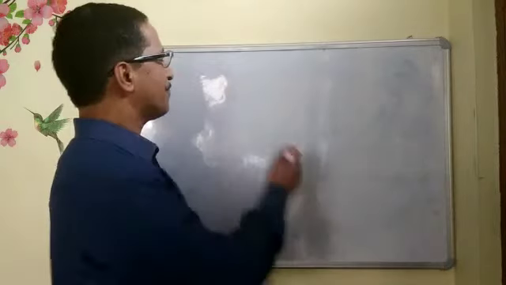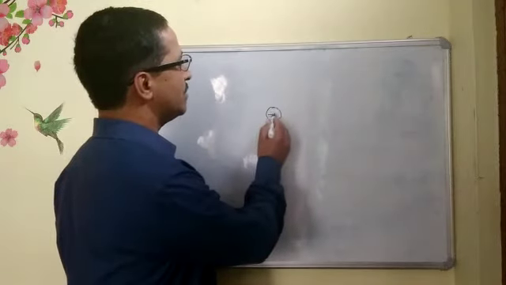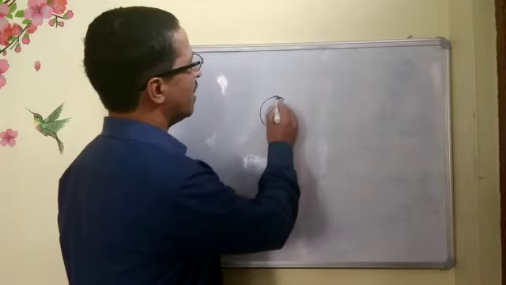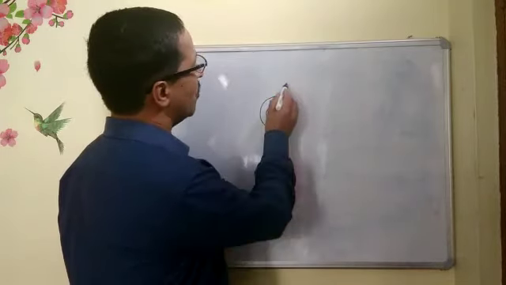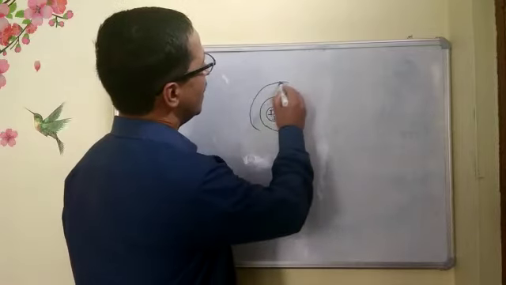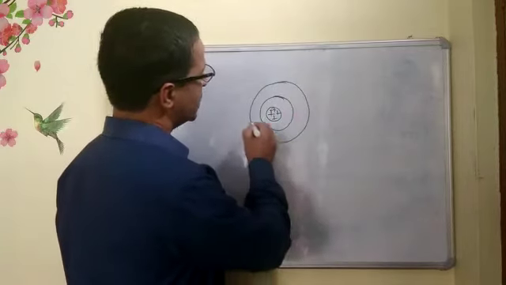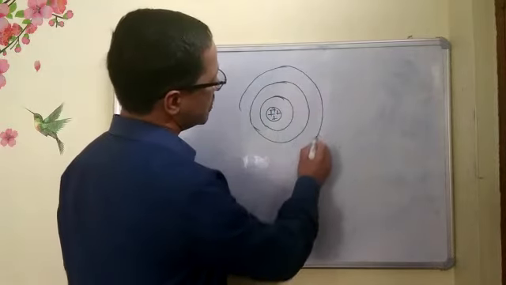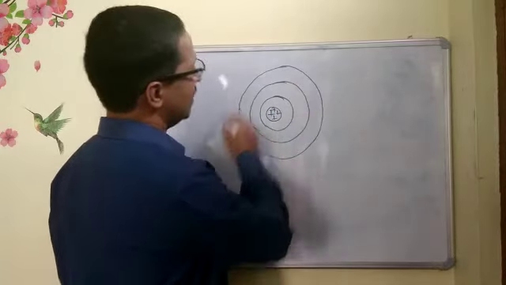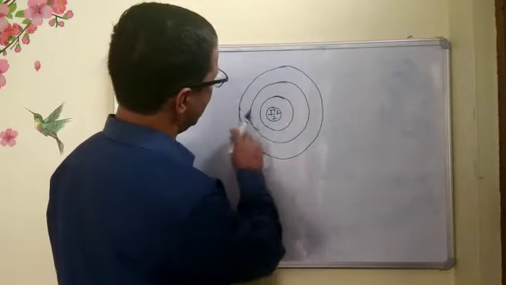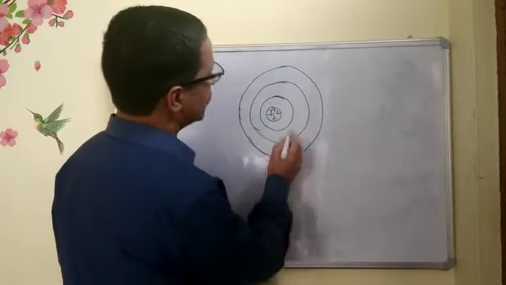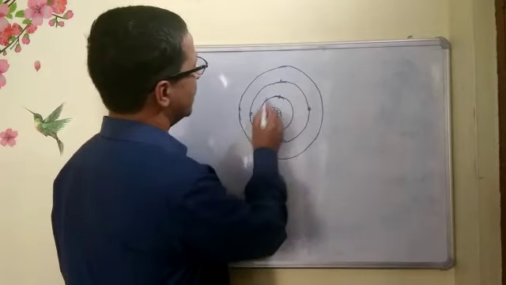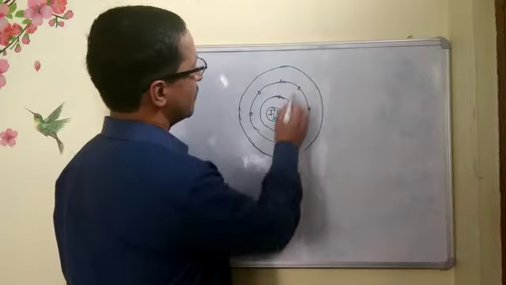You know that every atom is made up of a nucleus in which there are positively charged particles called protons, and around the nucleus are distributed electrons which are equal in number as that of the protons, and these electrons revolve in different circular orbits around the nucleus.